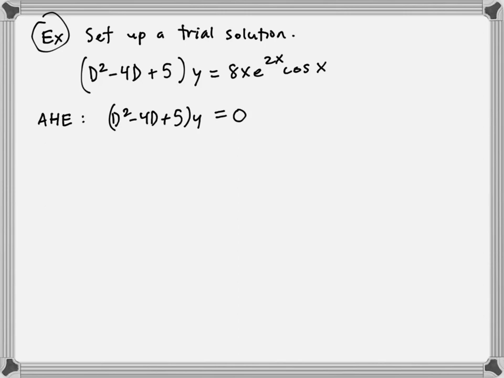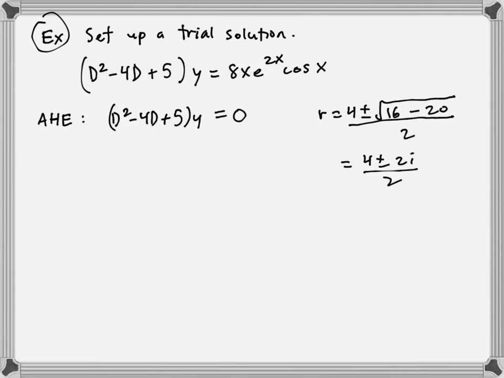But you can't factor that as much as you try, so we need to use the quadratic formula. So this becomes 4 plus or minus the square root of 16 minus 20, all over 2, which is the same as 4 plus or minus 2i all over 2, which is the same as 2 plus or minus i.